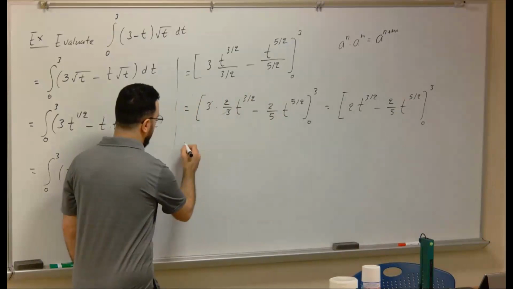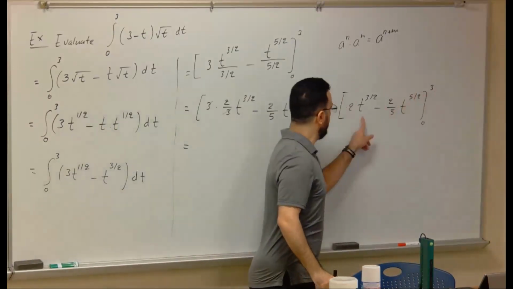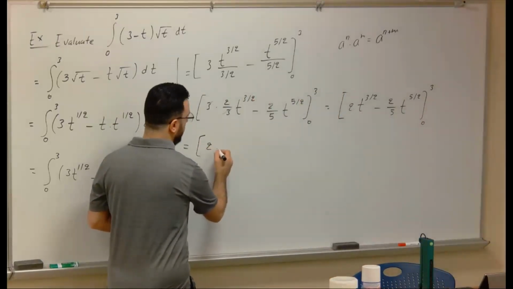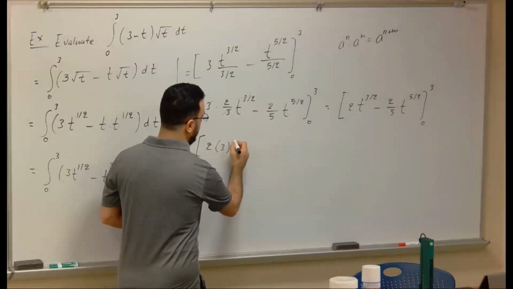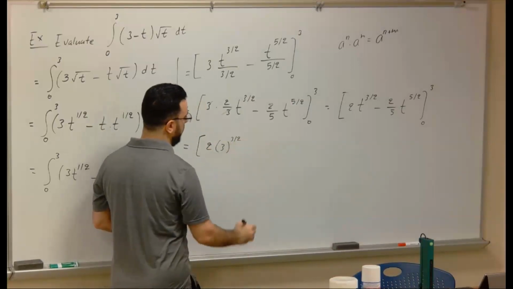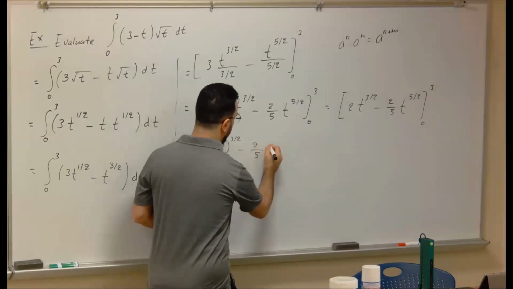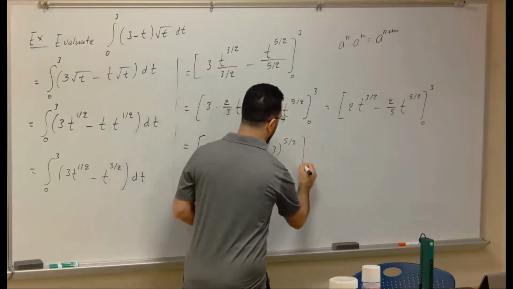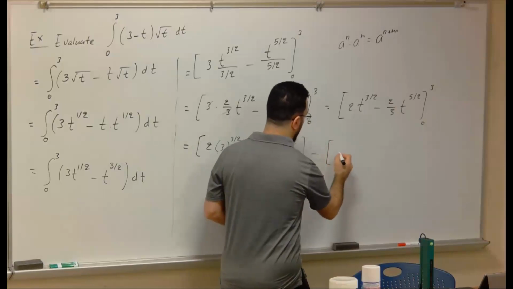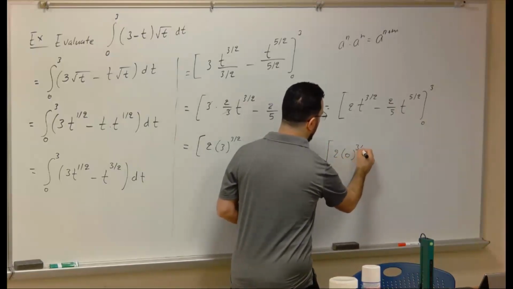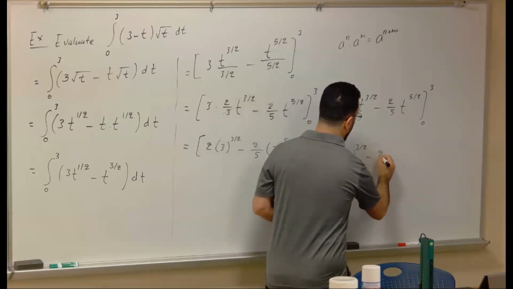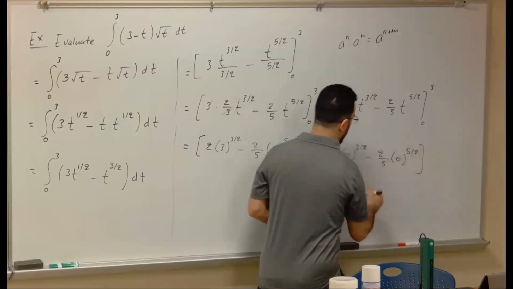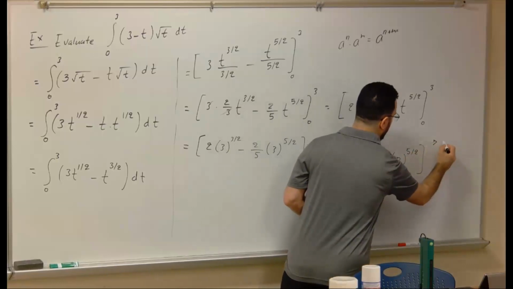Now we plug in the 3: 2 times 3 to the 3 over 2 minus 2 over 5 times 3 to the 5 over 2, minus, plug in the 0: 2 times 0 to the 3 over 2 minus 2 over 5 times 0 to the 5 over 2. Everything here is going to be 0.